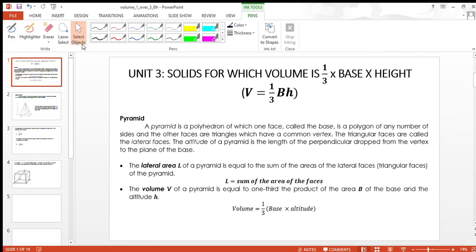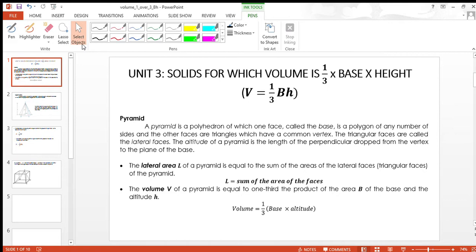For example, the cube: you have a square base, and a square above it, which is parallel to the base. So that formula, volume of a solid equals base times height, will be applied to those types of solids.